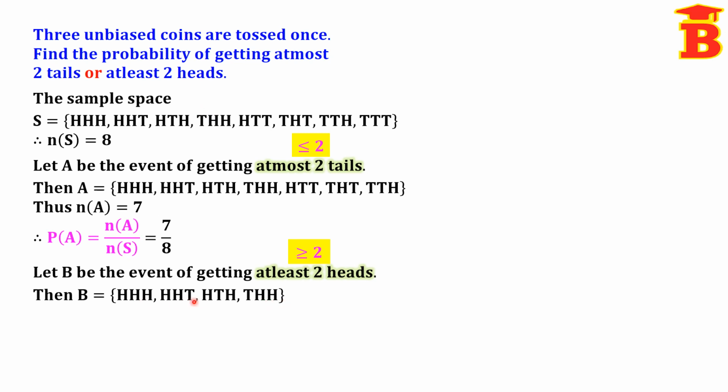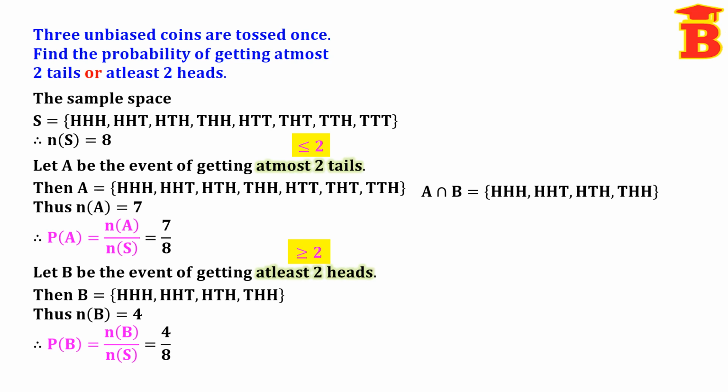So here we have 2 heads and also 3 heads. That is greater than or equal to 2. Now count and write n of B equal to 4. Now using the formula P of B equal to n of B divided by n of S, n of B is 4 divided by n of S value 8. Please don't cancel here. Let us simplify finally.